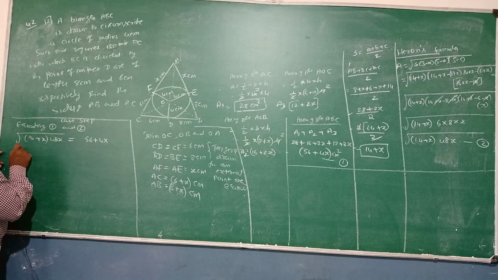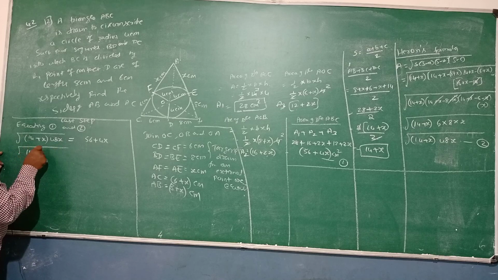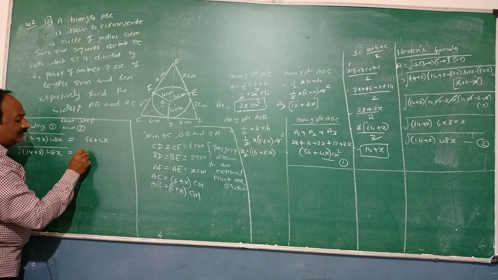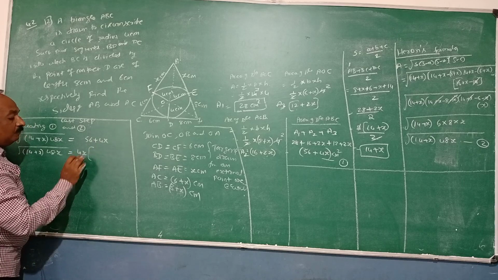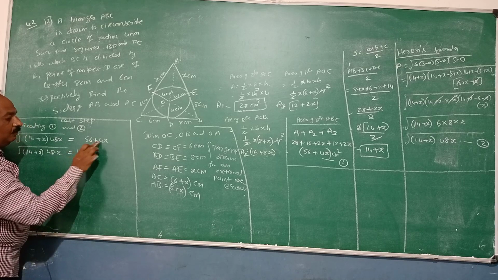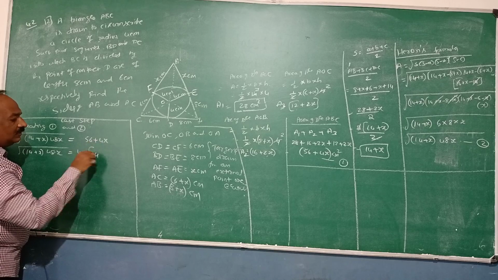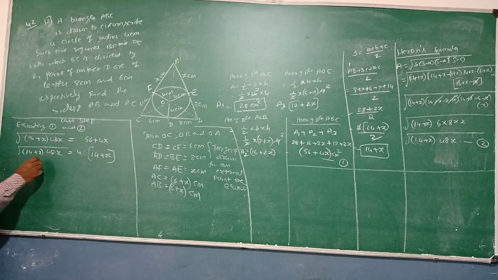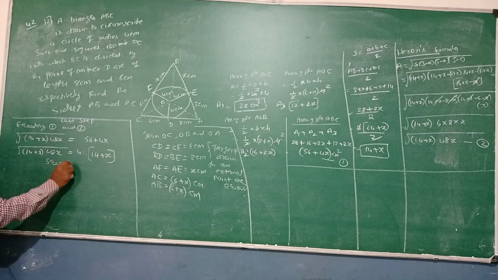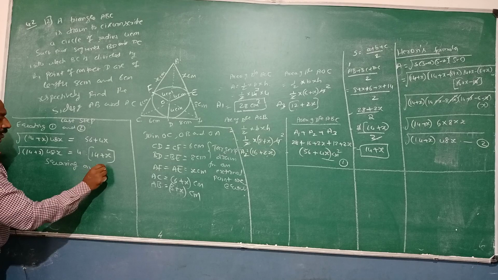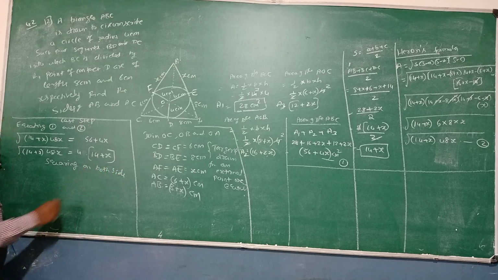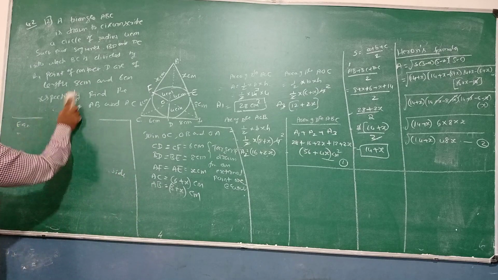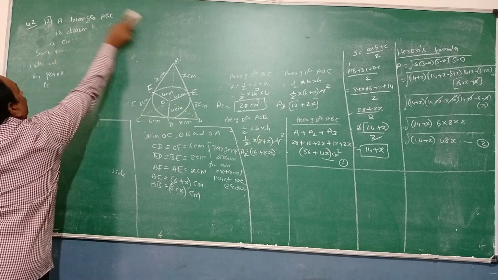So root of 14 plus x into 48x is equal to, 4 is the common factor. 4 ones are 4, 4 fours are 16, plus 4 outside, x. Squaring on both sides. We do like this. We need some more space.